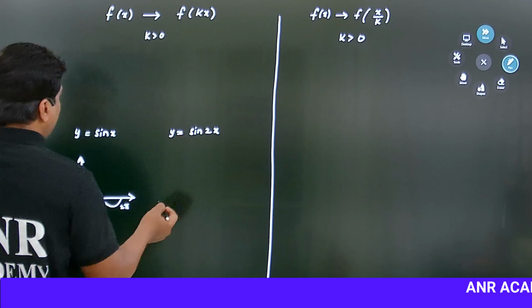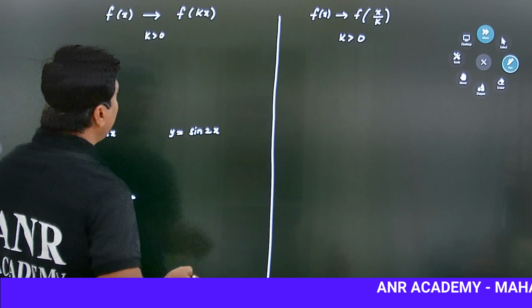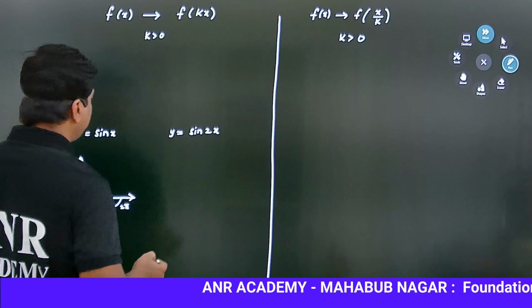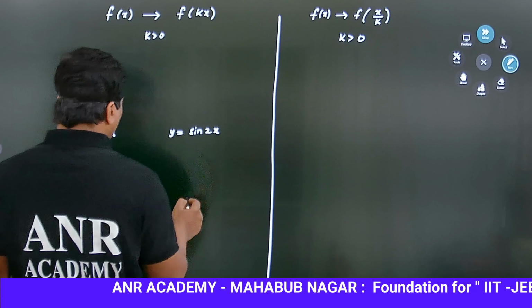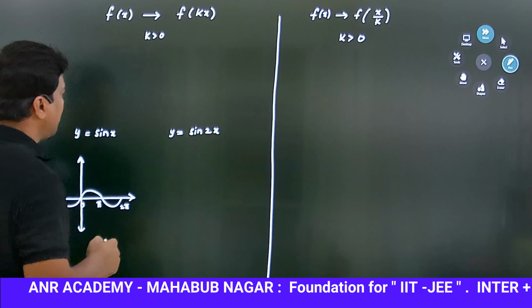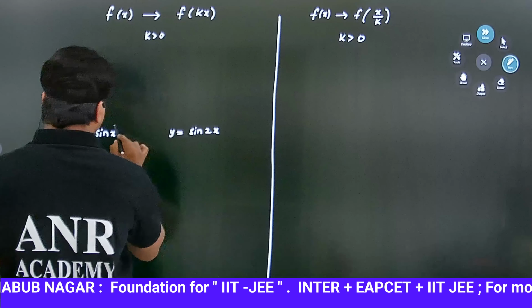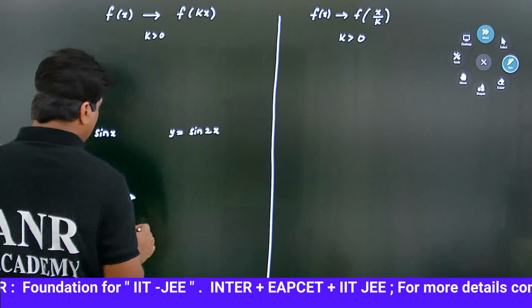Now you need to draw the graph of sin of 2x. Sin of 2x is nothing but x multiplied 2 times.